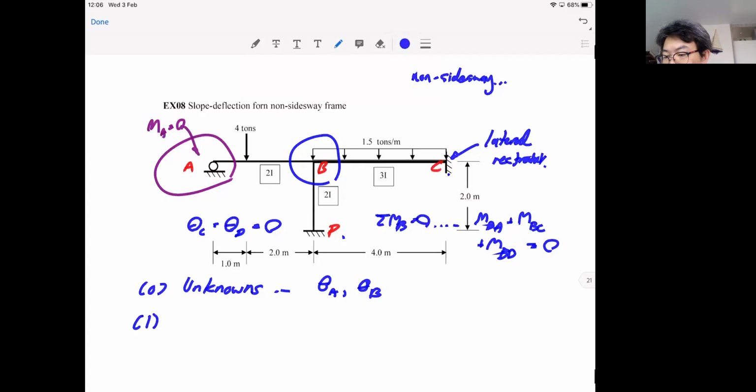Okay, so let's move on to the next step. 1. Relative stiffness. Okay, so we have KAB, that is 2I over 3.